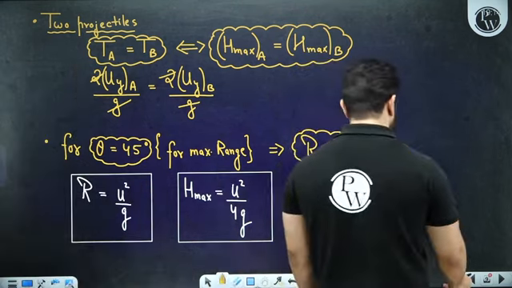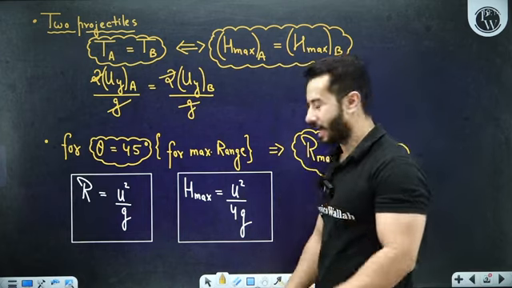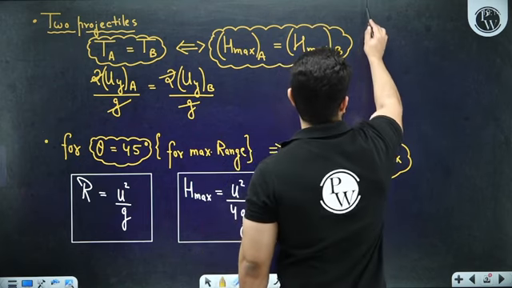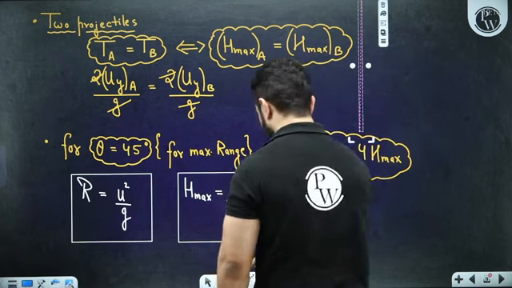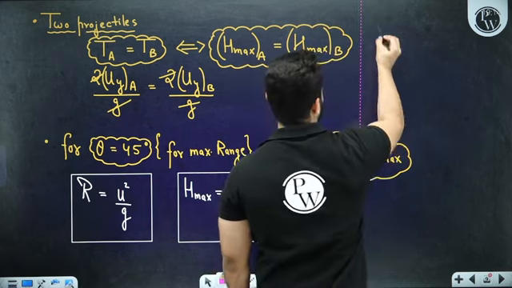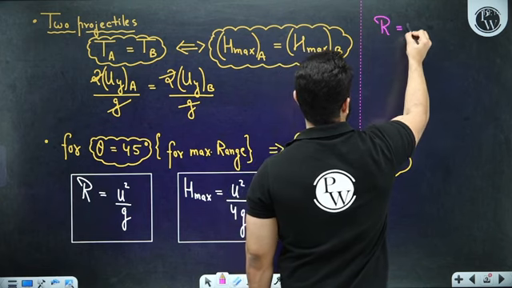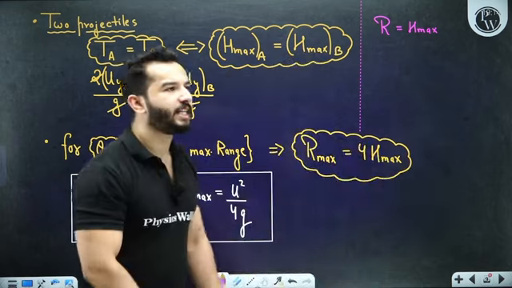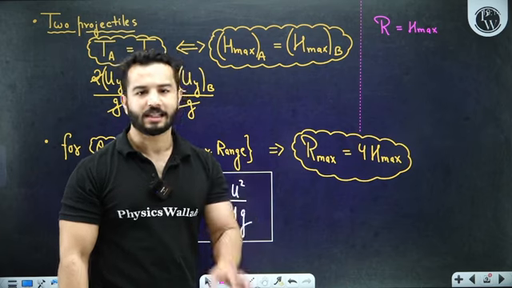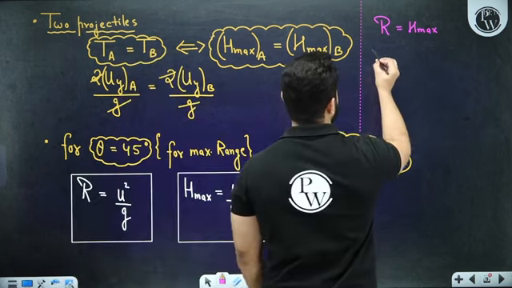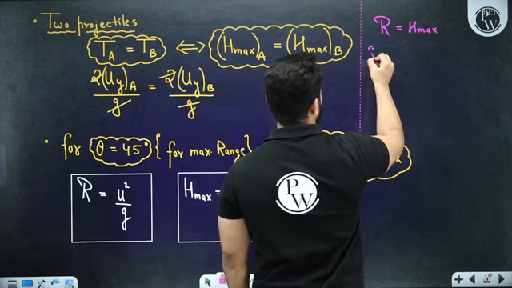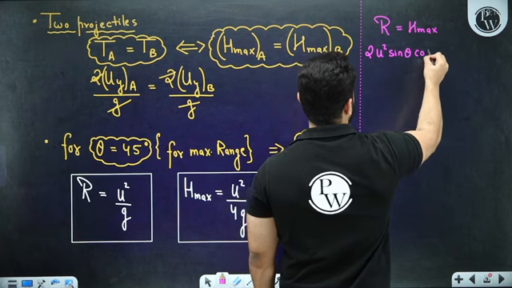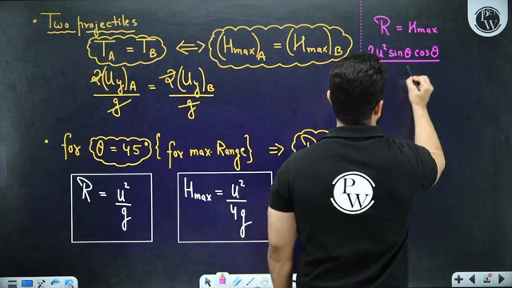In case they say that range and maximum height are equal, they might say something like this as well, right? Let's suppose that range and maximum height are the same for a particular case. This is another case. So I have listed 3 cases for you. There can be more than these 3 as well, right? So range basically means 2 u square sine theta cos theta by g.